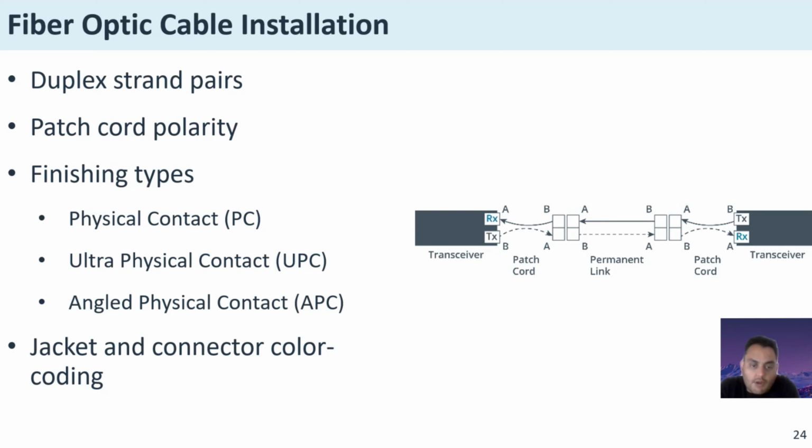UPC, ultra physical contact. This means the cable and the connector are polished to a higher standard than with PC. And of course, APC, angled physical contact. The faces are angled even tighter in a connection, with better return loss performance. APC cannot be mixed with PC or UPC.